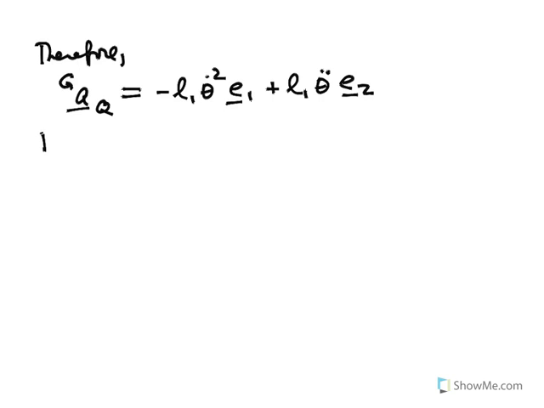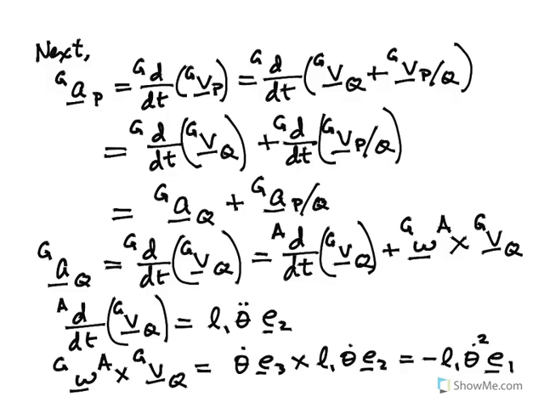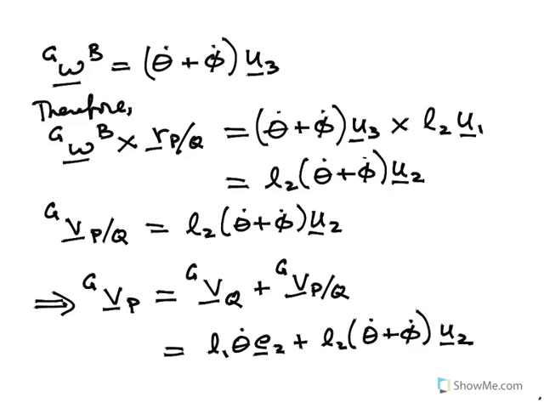So next, the acceleration of P relative to Q as viewed by an observer fixed to the ground is equal to the rate of change in the ground of the velocity of P relative to Q as viewed by an observer fixed to the ground. Now, we had that expression for the velocity of P relative to Q from before.